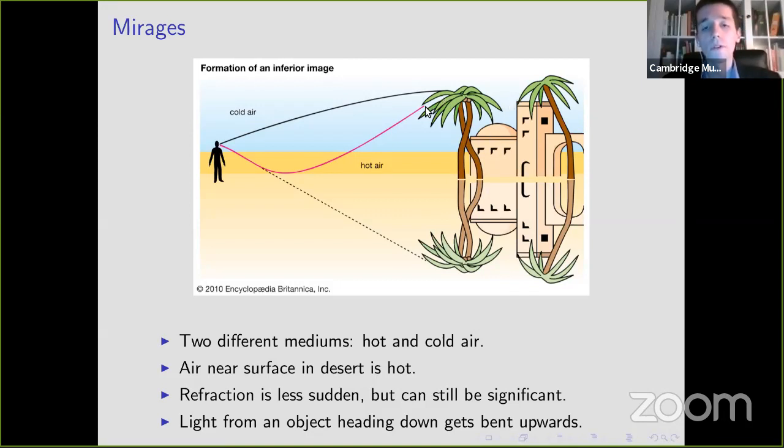But one may also see another image, and this is the image where a part that we were not supposed to see, that would normally just go down, gets deflected by the hot air, and so reaches our eyes, and we attribute it to have come from a certain direction, and that is inside or into the sand. And so we see a mirror image, the mirage.